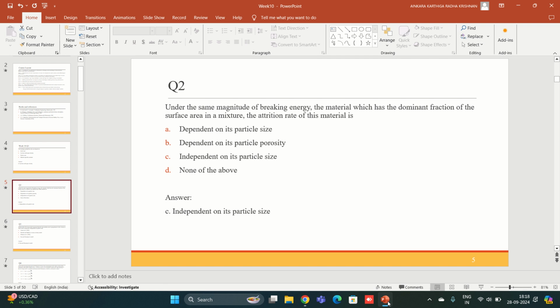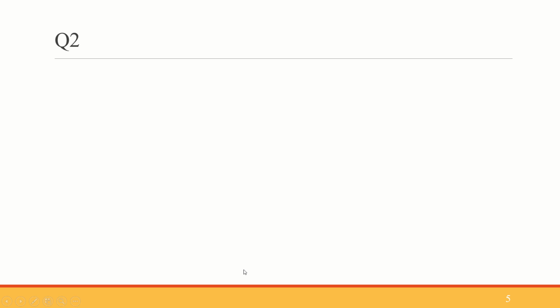The answer is independent of its particle size. I kept the slide in this position and went away, so you would have seen the answer by now.